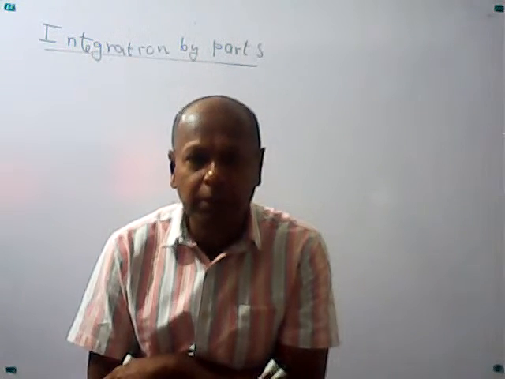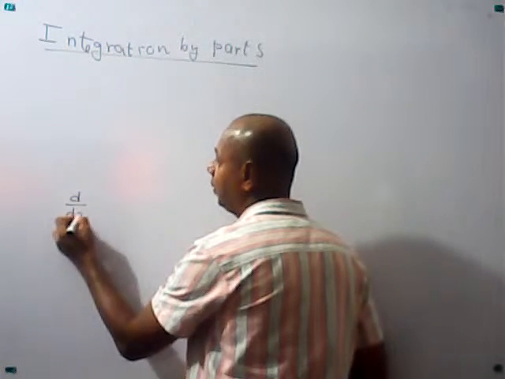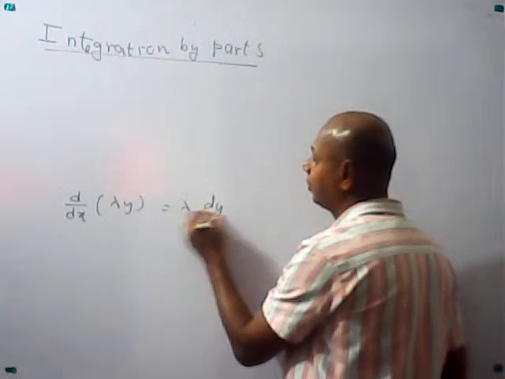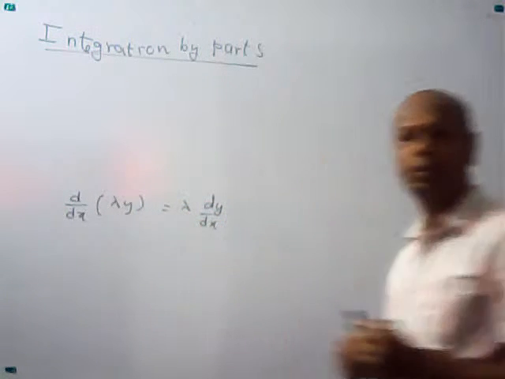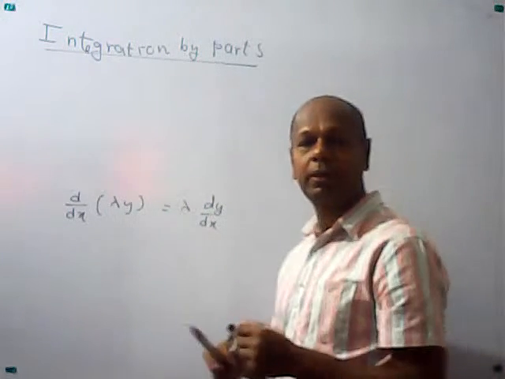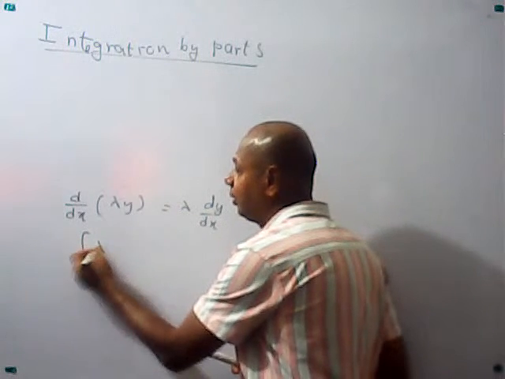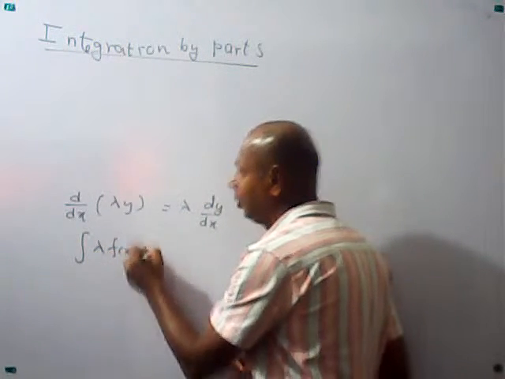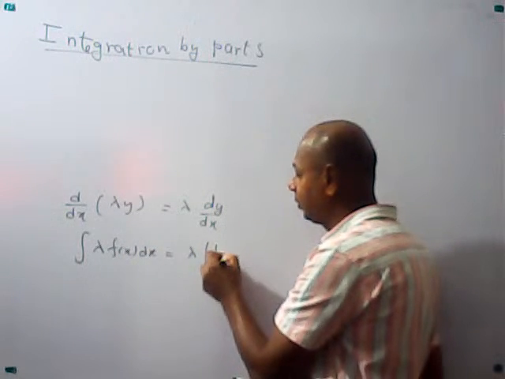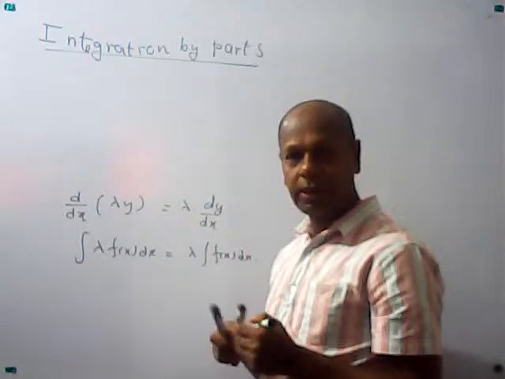Like in differentiation, we have a rule d by dx of lambda y equals lambda dy by dx. Like you can take the constant out. So we converted this back to a rule of integration, saying integral of lambda f(x) dx equals lambda times integral of f(x) dx. Right? This rule is used for that.